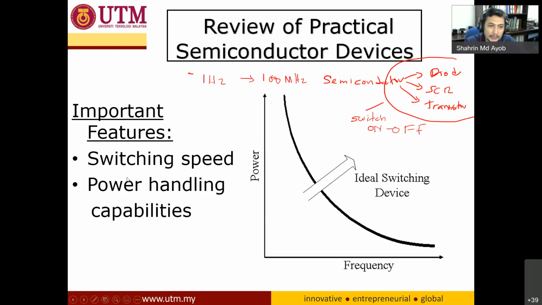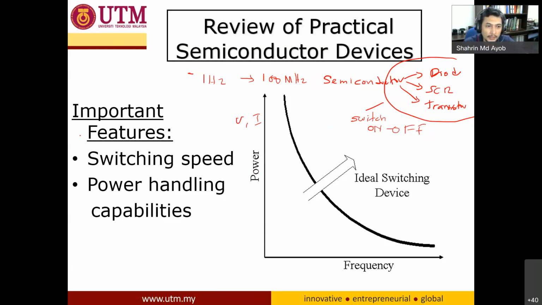The second feature that you need to consider before selecting the suitable power device is the capability of that device to handle high power, low power, or medium power. This power depends on the voltage and also the current. Some devices cannot handle high voltage and high current, so they should be used for low voltage and low current.